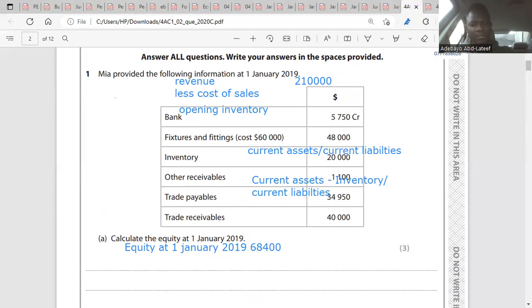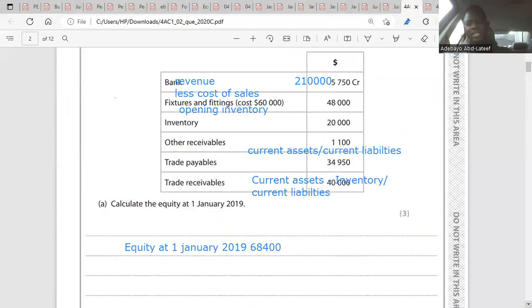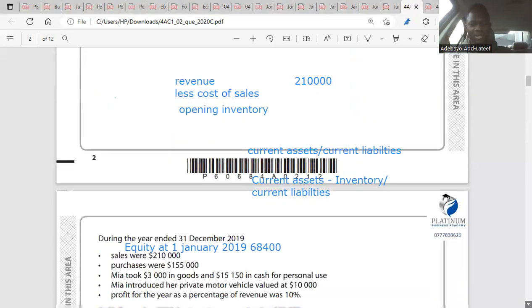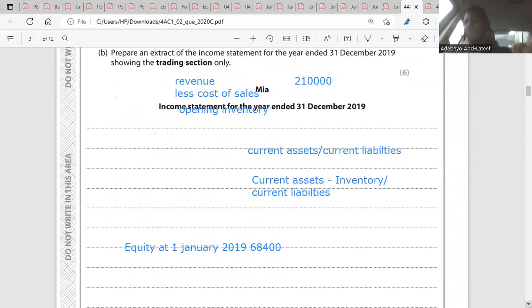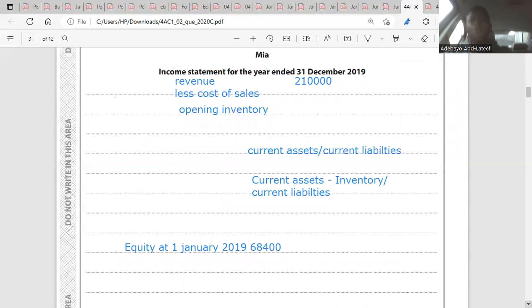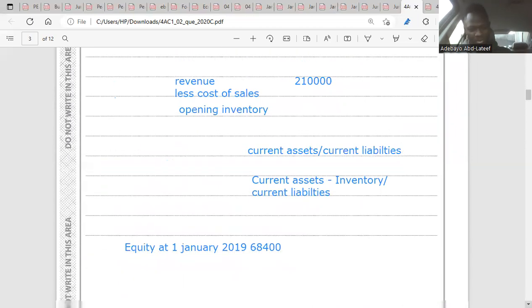Current assets: we have other receivables as a current asset, trade receivable is a current asset. When you add this together, you divide it with this information, liabilities, and you're going to get the figure. They are giving us just the figure for now, but the formula to get the figure is what I just gave you.